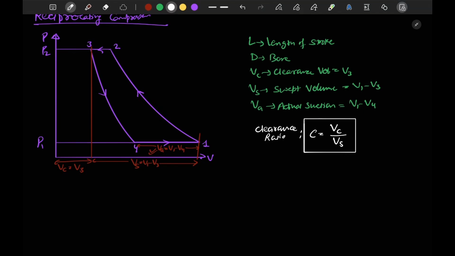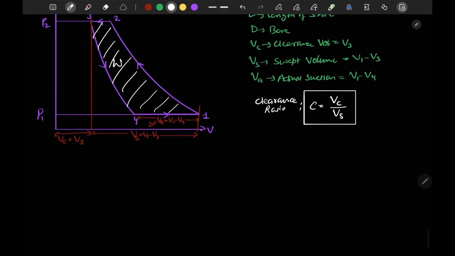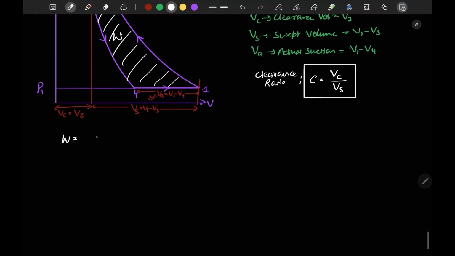Next, if we want to calculate the work done from the total, we have to calculate this area. This area here will be your net work done, W. When we calculate this area, we will get work done is equal to n upon n minus 1 times P1 into (V1 minus V4) into [(P2 by P1) to the power (n minus 1) by n, minus 1].